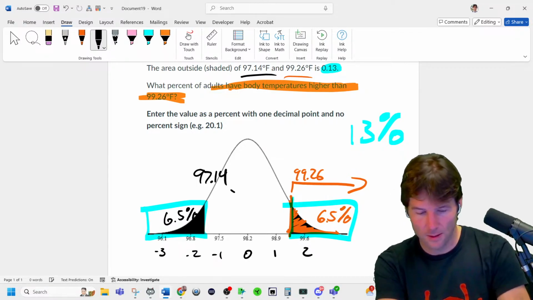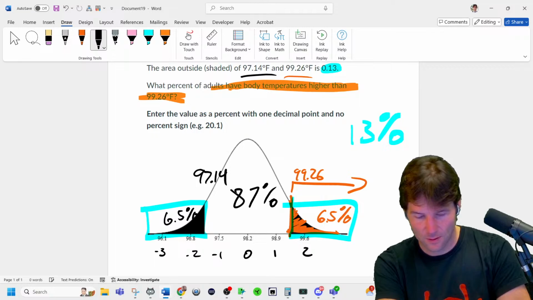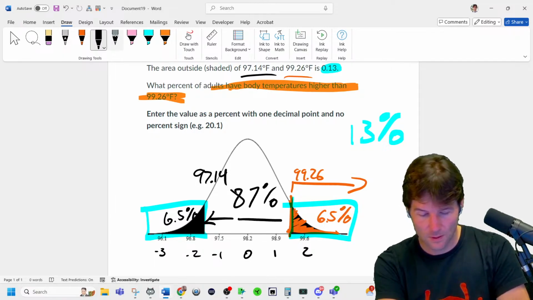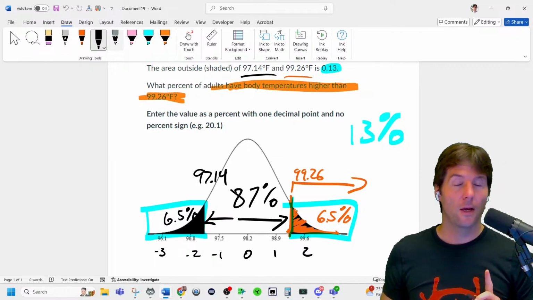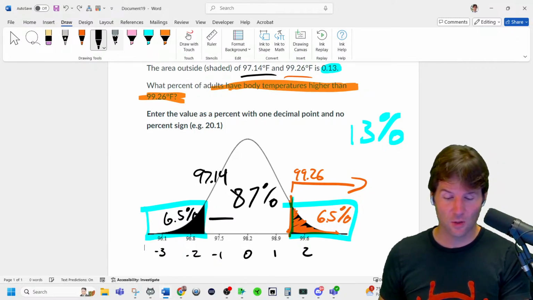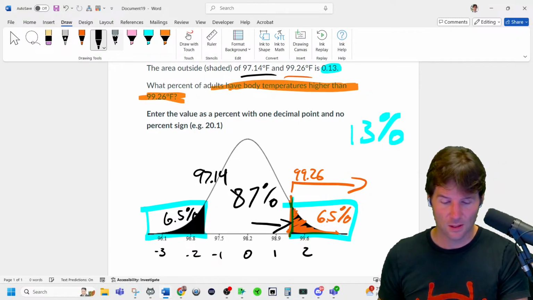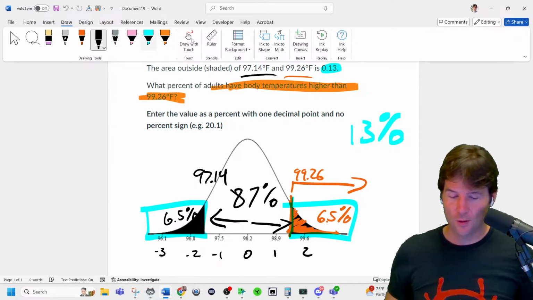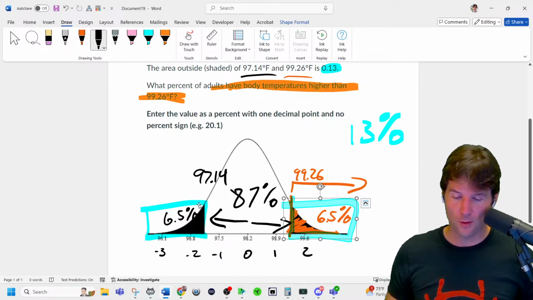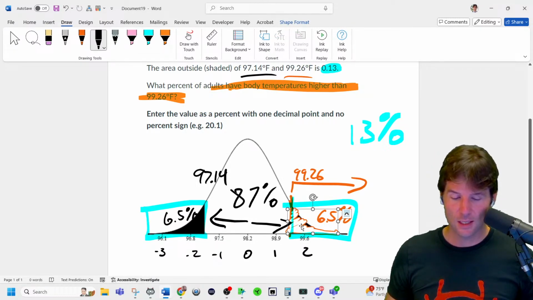And in the middle is 87%. No, wait. That's right. Not 16 minus 2.5. Good guesses. So if these areas total 13, you could cut the area in what?